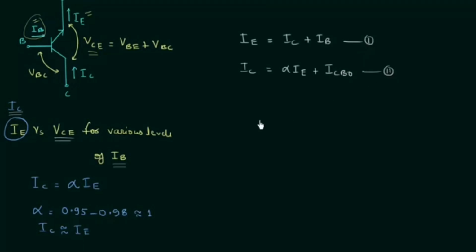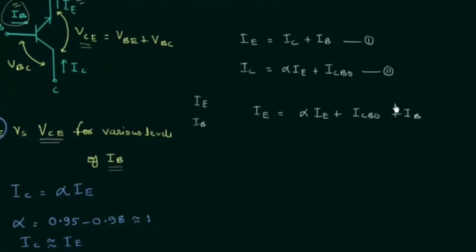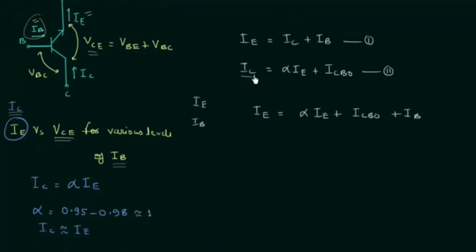I want to see how output current, that is emitter current, varies as function of input current, that is base current. I will use these two equations, and by using them I have IE equal to alpha times IE plus ICBO plus IB. I got this by substituting the value of collector current in the first equation.